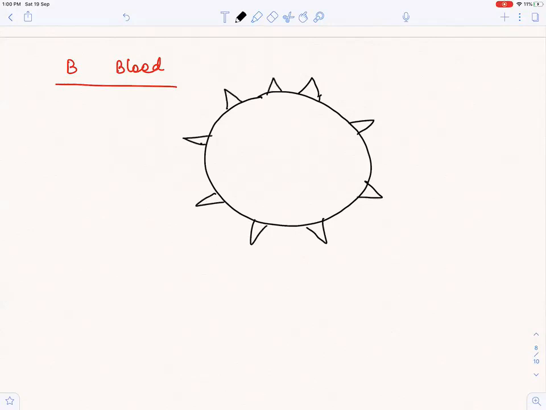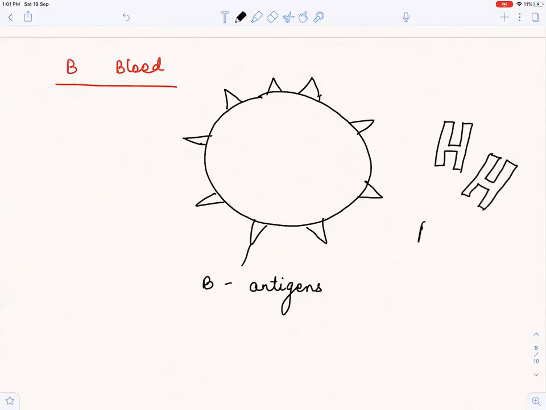There are many. ये antigens क्या है? ये है B antigens, because ये B blood है और antigens decide करते हैं blood group. And there are what? There are antibodies. What are these antibodies? These are floating, and these are what? These are anti-A antibodies.